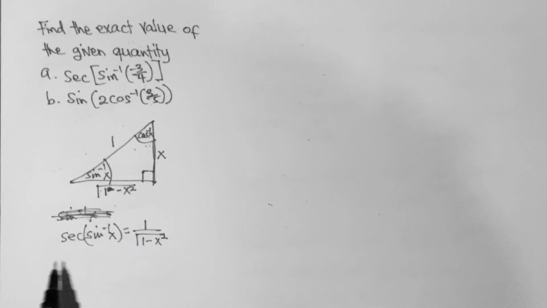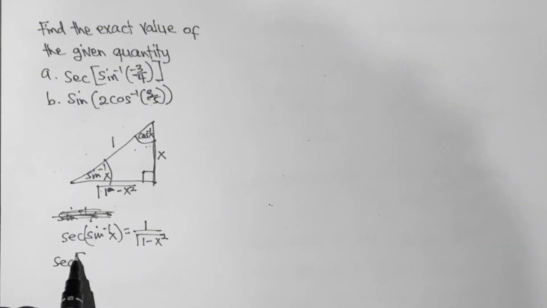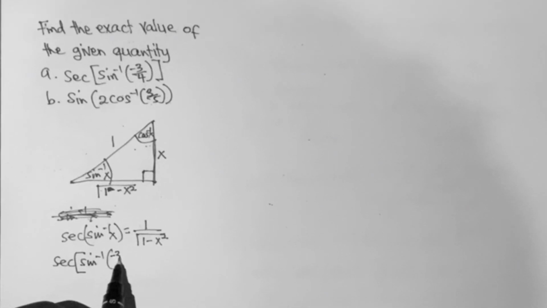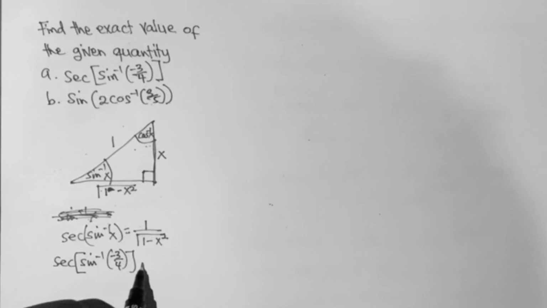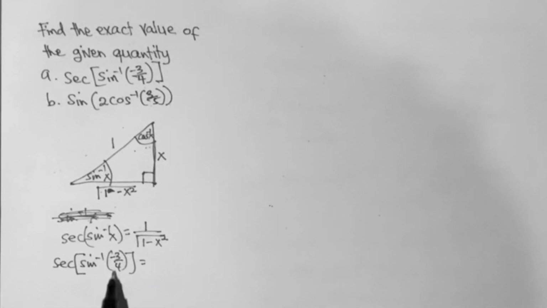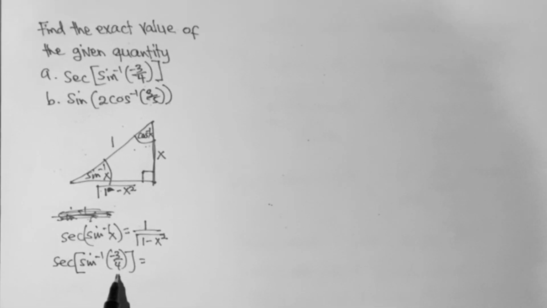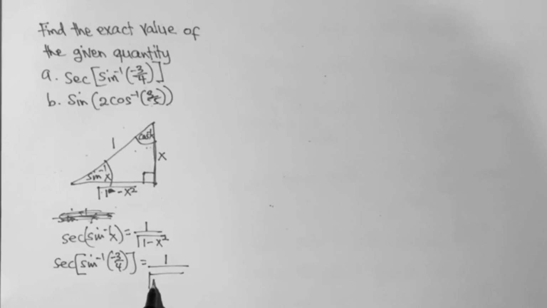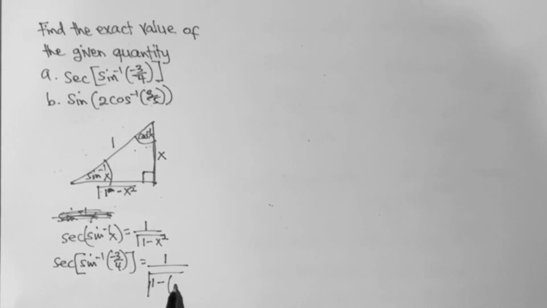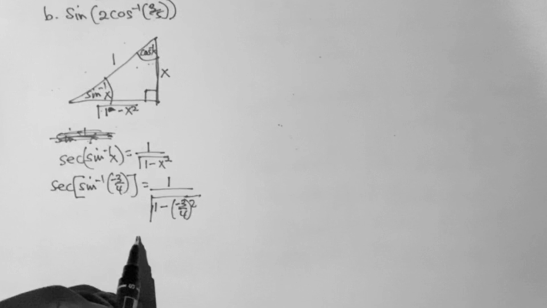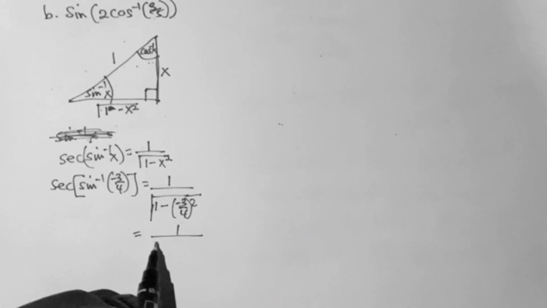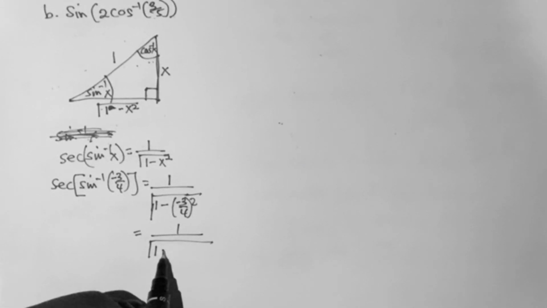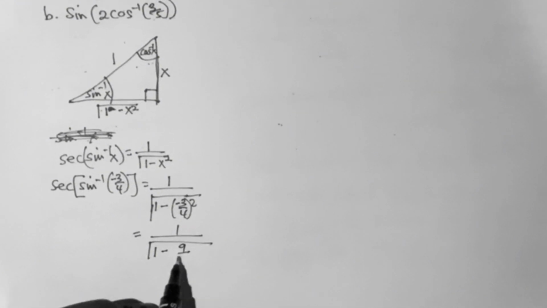So now sec of sine inverse of minus 3 over 4 simply means that wherever we see x in this equation, we should replace it by minus 3 over 4. So here becomes 1 divided by square root of 1 minus into bracket minus 3 over 4 squared. So this is equal to 1 divided by square root of 1 minus 9 over 16.